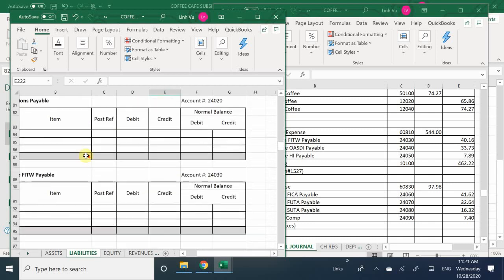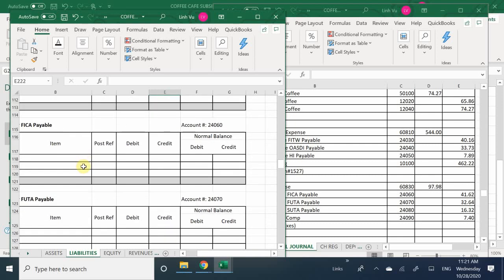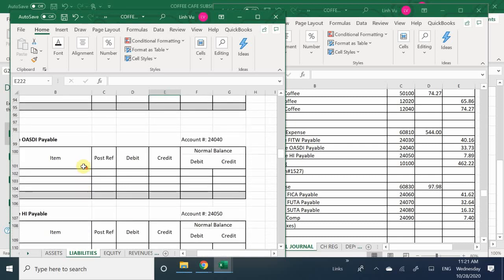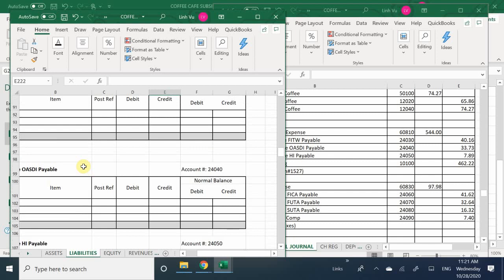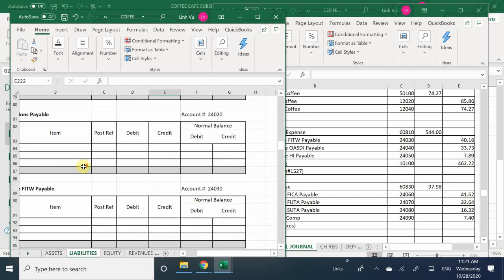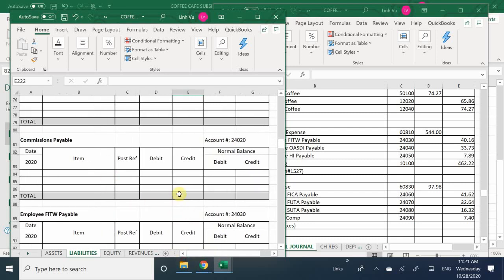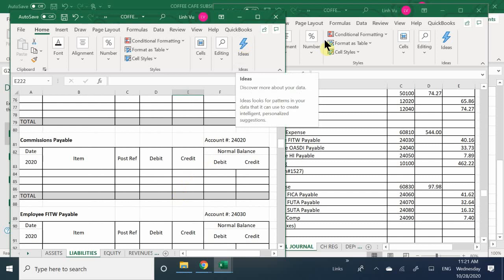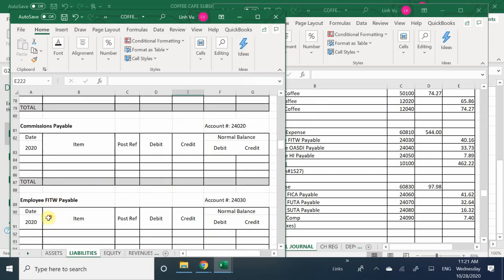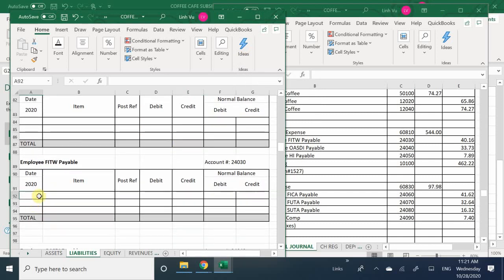Okay. So what comes next? What's next? Input all those FITW credit information under Irene. So here we have employee FITW. All right, so 628. Irene. Credit 4016.